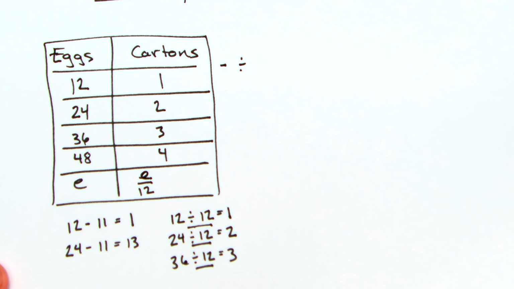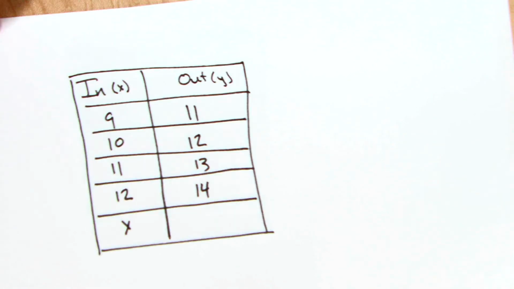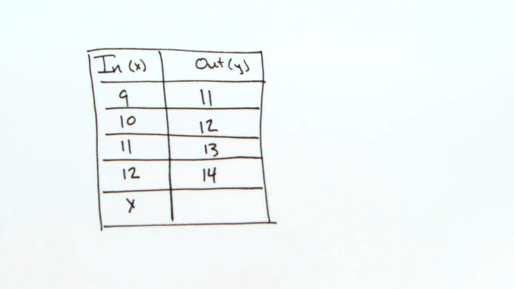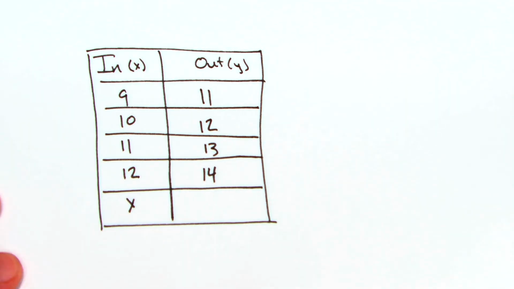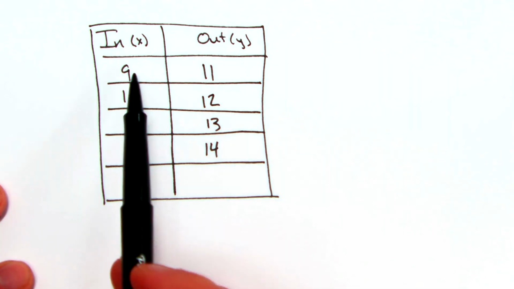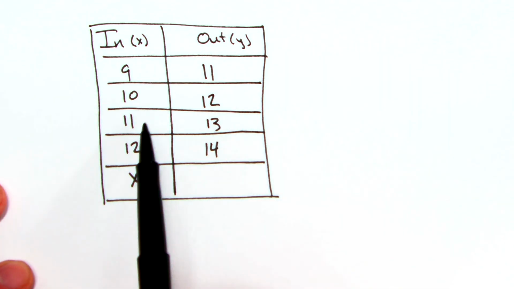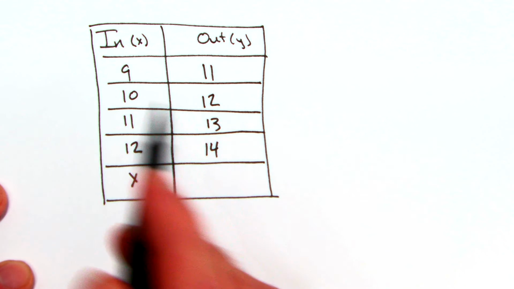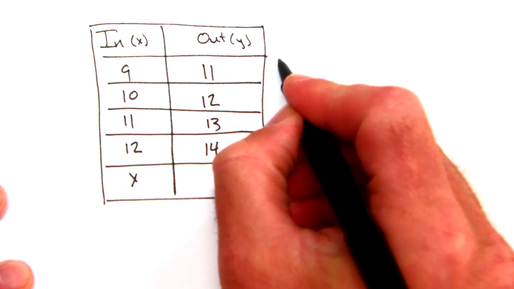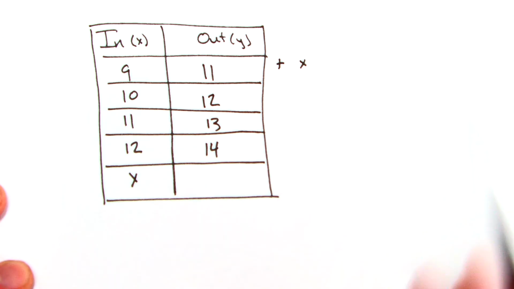All right, let's take a look at another example here. And let's go with this idea of an in and out chart, or an X and Y, as I referred to earlier. Now, I want to get from 9 to 11, 10 to 12, 11 to 13, and 12 to 14. Well, it's increasing, so that leaves me at adding or multiplying, or maybe a combination.